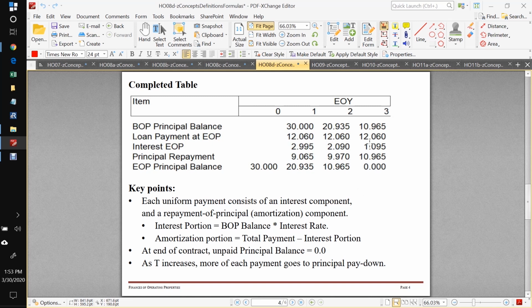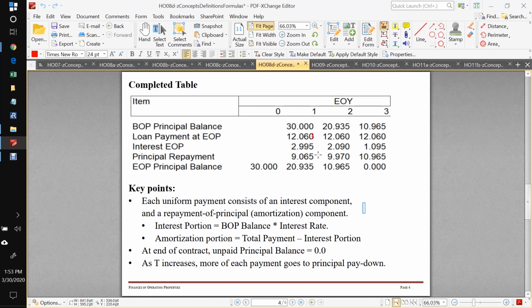So here we've got our uniform payments. So the interest, this is clearly 3 to 3 significant figures. Just have a little bit of rounding error in Excel, and I think that's because I don't have the 3 back here. And then 12.06 minus 3 is equal to 9.065, plus or minus a little bit.